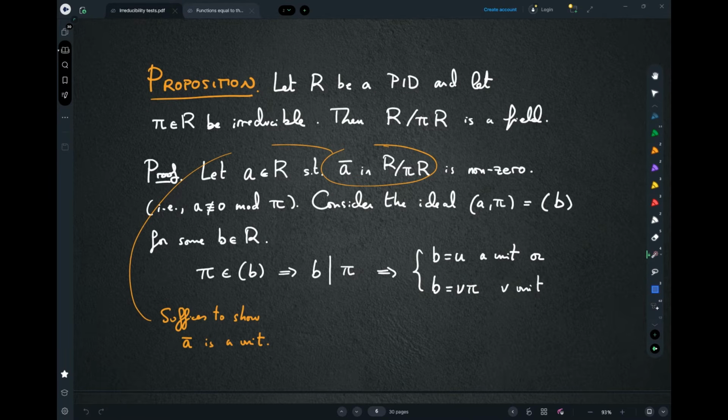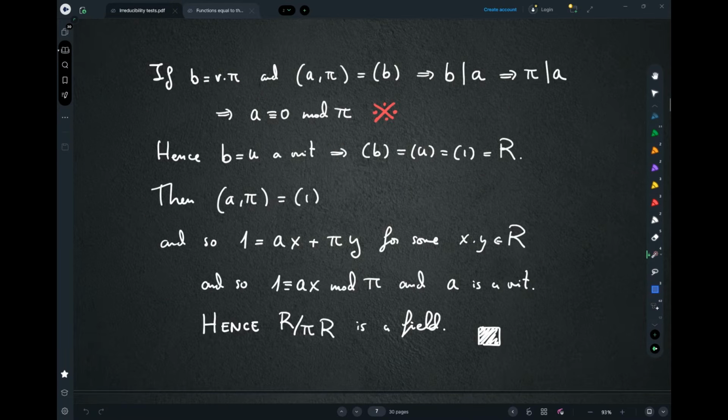So what happens in either case? If B is a multiple of pi times a unit, then remember that A and pi generate the ideal generated by B. Then B divides A, because B is equal to the ideal generated by A and pi, then B divides A, but B is unit times pi, so pi divides A, and that would imply that A is congruent to 0 modulo pi.